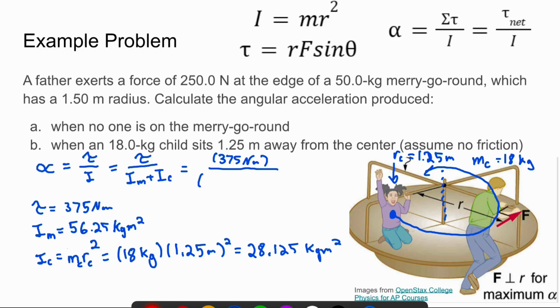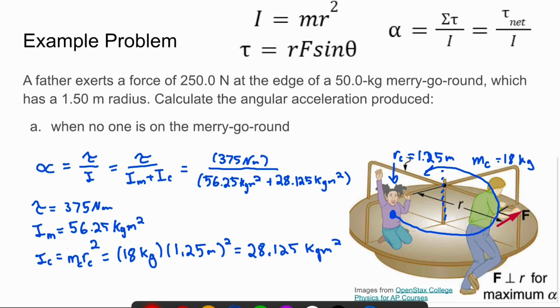However, now we have both the merry-go-round's moment of inertia that he has to accelerate, which is 56.25 kilogram meters squared, and her moment of inertia that he also has to accelerate. So obviously, if he applies the same torque to this system, now with her added on, it's probably going to experience a slower rate of acceleration.